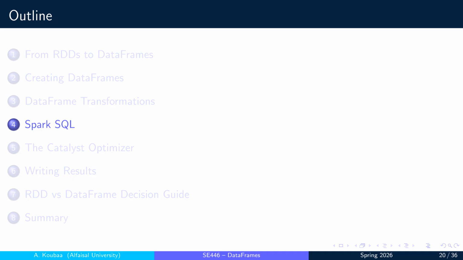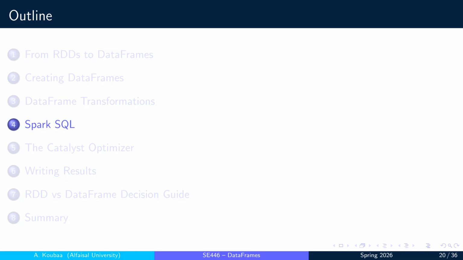This is incredibly useful, especially in teams where data analysts might be more comfortable with SQL than with Python or Scala code. To enable this, we first need to make our data frame accessible to the SQL engine. We do this by registering it as a temporary table, or more accurately, a temporary view. The most common method is createOrReplaceTempView.